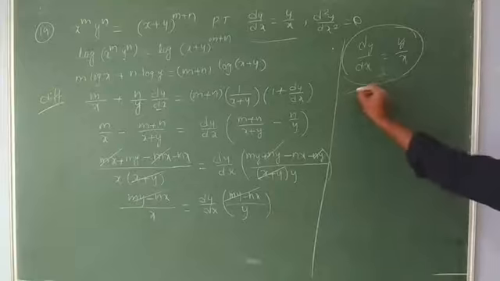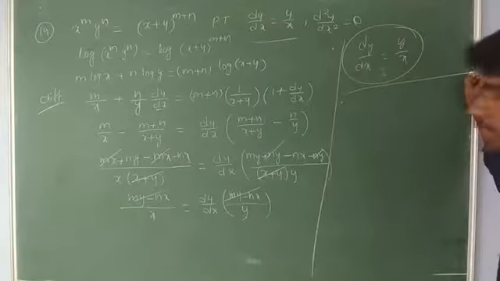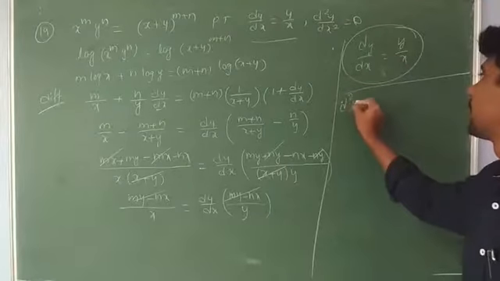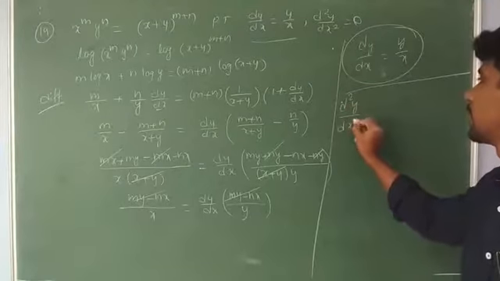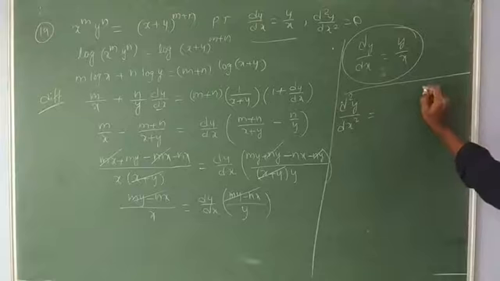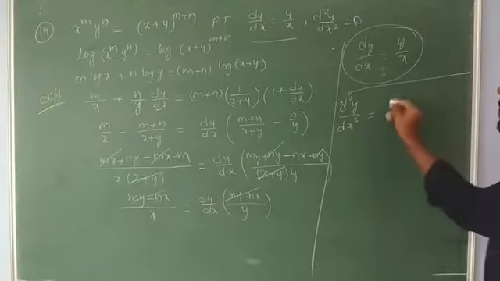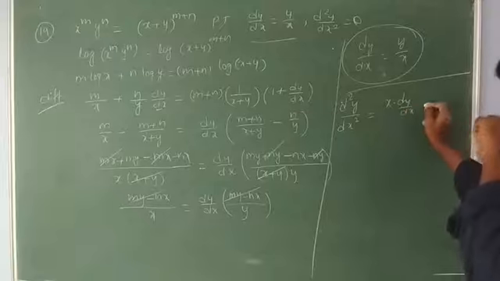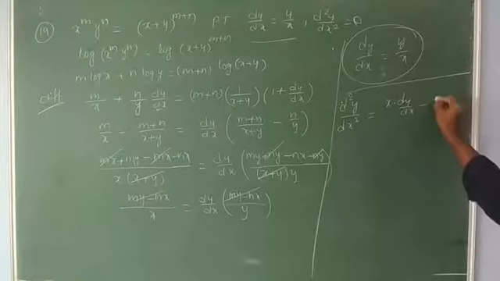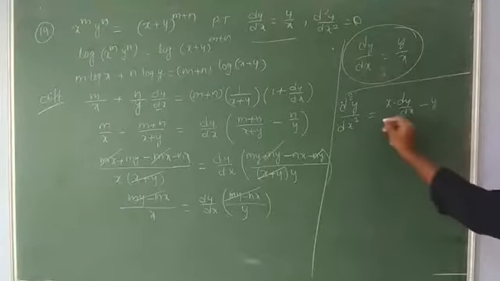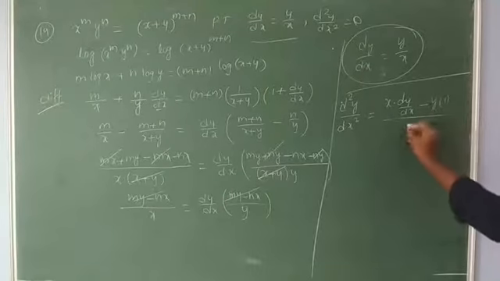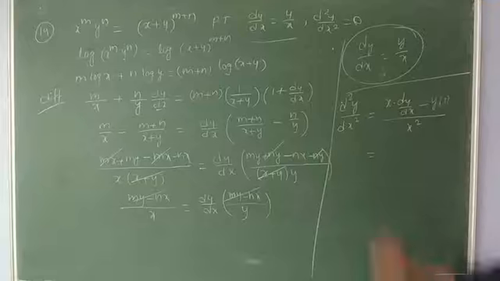Again, differentiate with respect to x. Just mention the statement. D square y by dx square is equal to UV form, x into dy by dx minus y into dx by dx, which is nothing but 1 by x square.